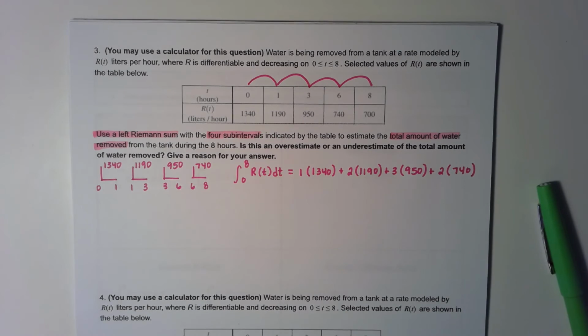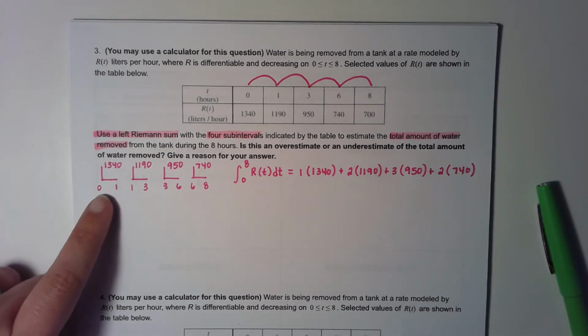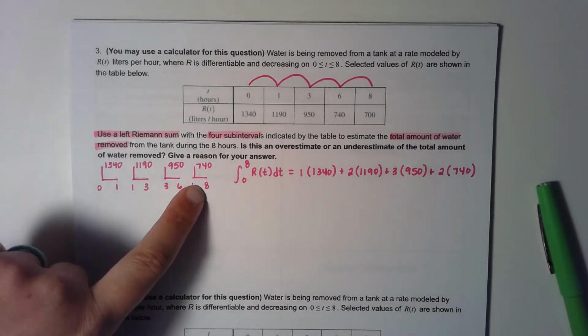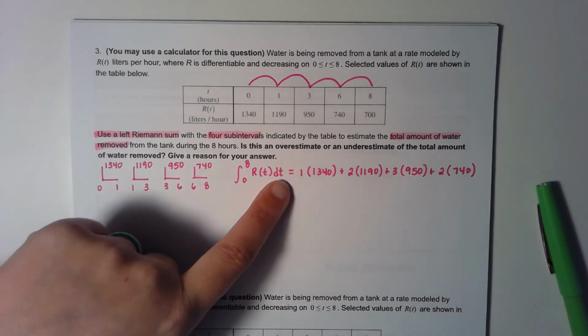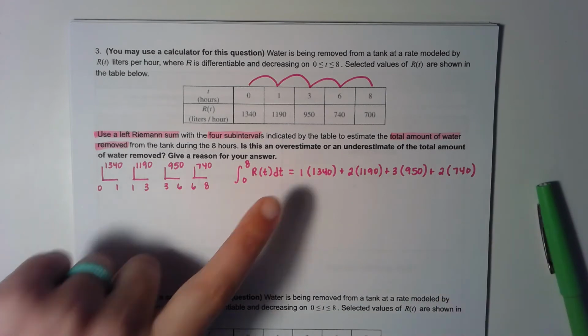Now, it is very, very important that you actually write all of that out the way that I'm showing you. You want to set up your work first and then show that the integral would be equal to these calculations.